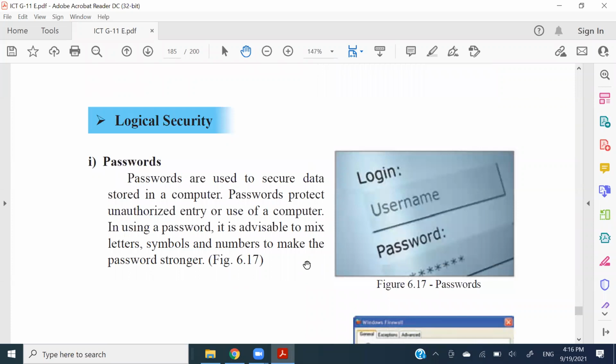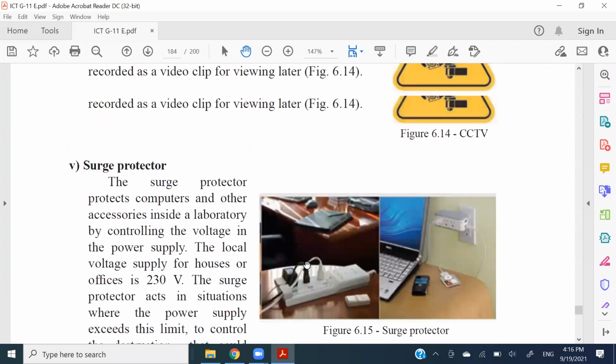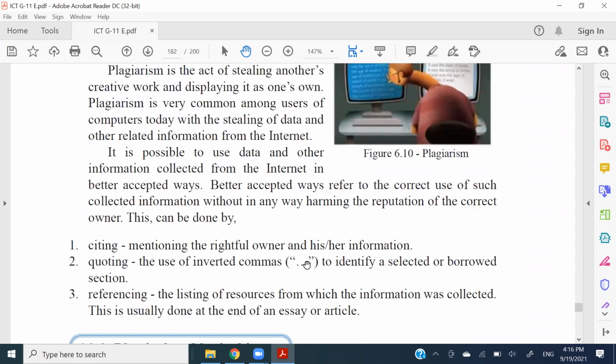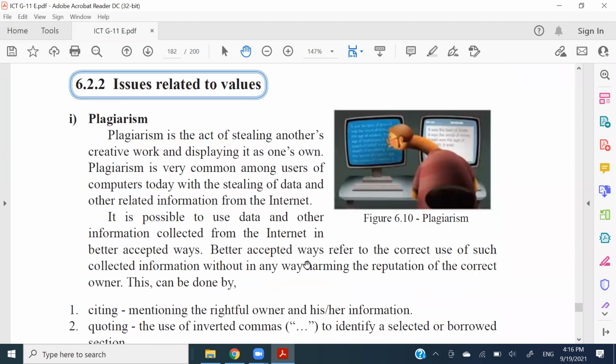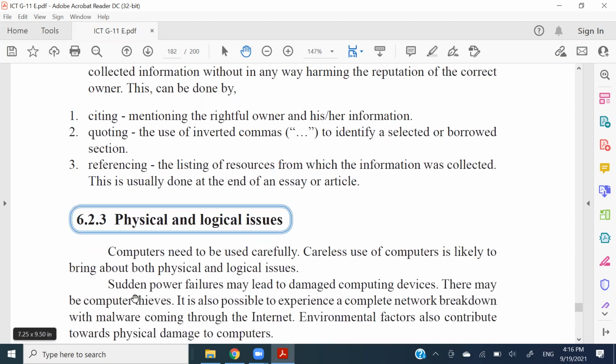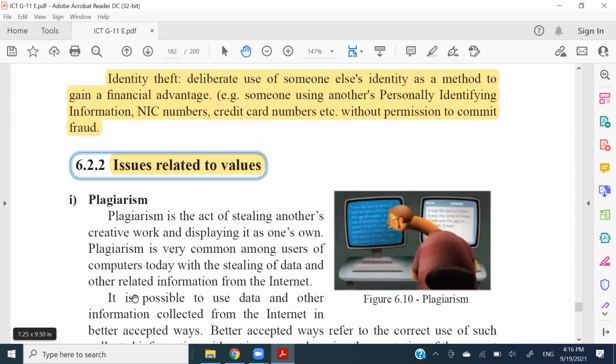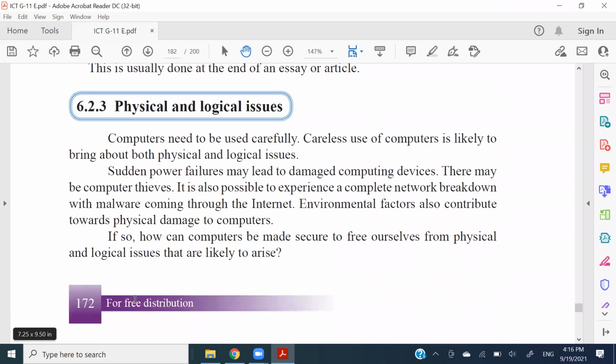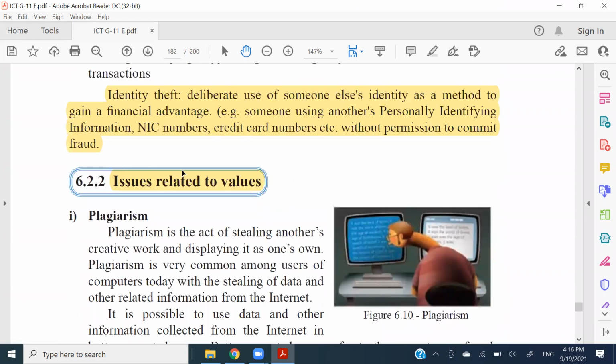Okay, so before we come to logical security, let's quickly go through the things again. I'm going to talk about the issues related to values. So have that subheading. And actually, there is only one thing under that heading. So it's better you write issues related to values, put a dash, and say plagiarism, right?